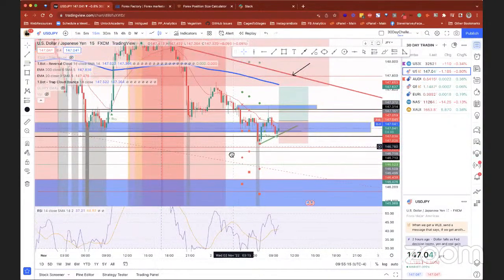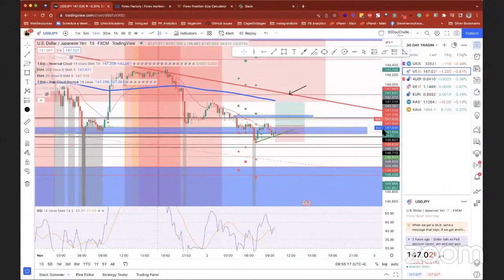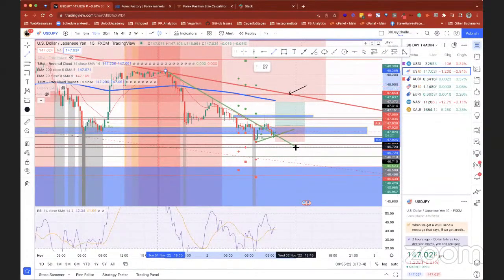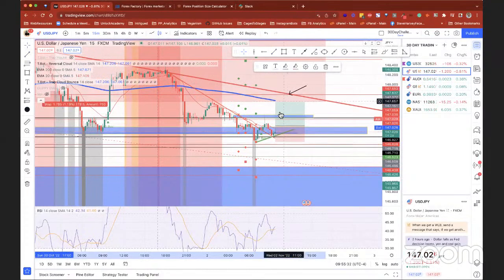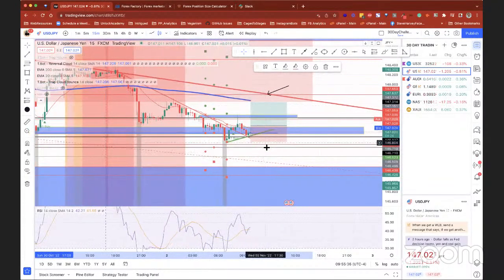Let me see, do we have a trend line coming that we can draw? That's a good sign right there. Crossing that EMA 20 as well.